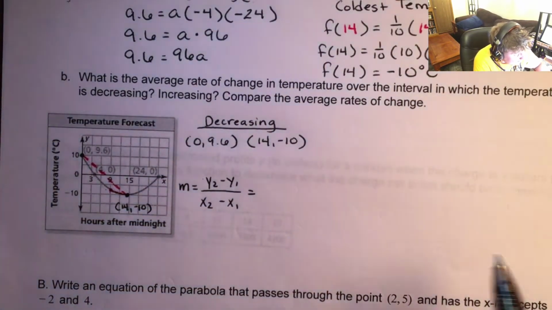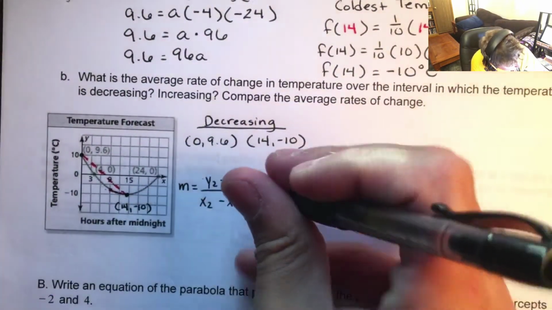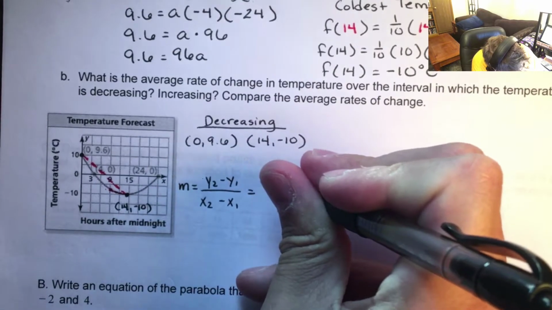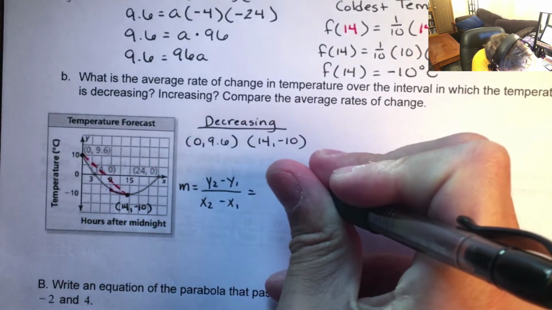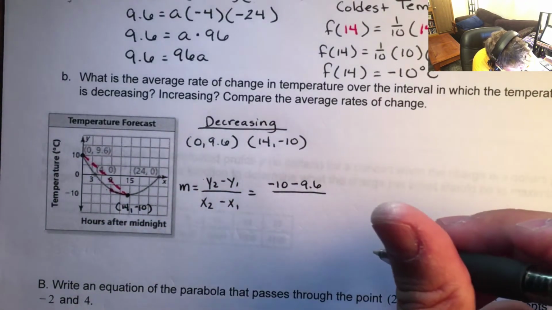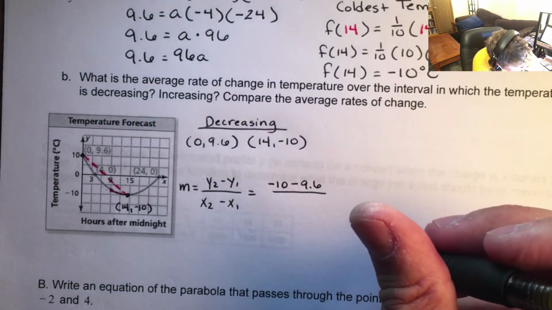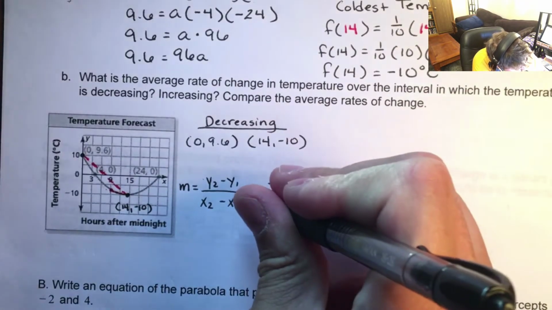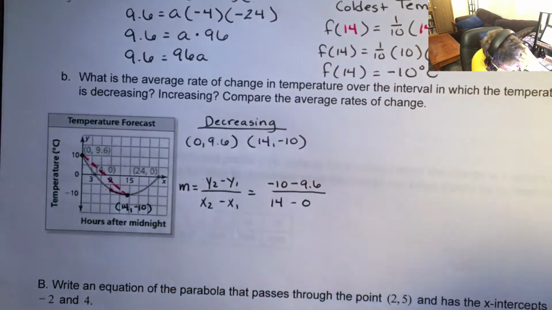So let's go ahead and do this. y2 is -10 minus y1, which is 9.6, over x2, which is 14, minus 0.